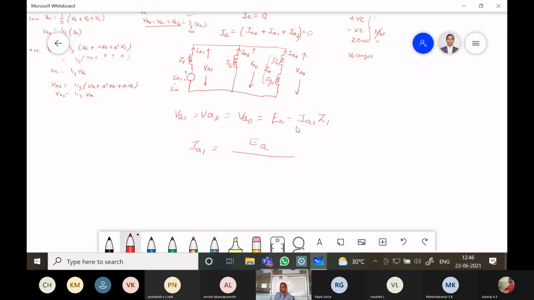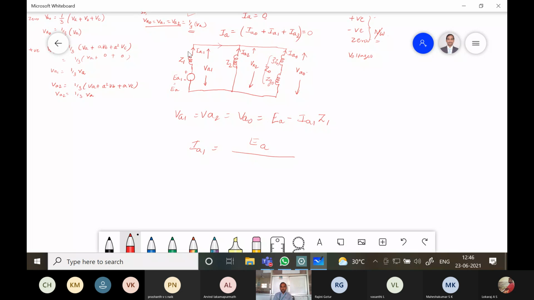So we can also write IA1 in terms of the total current for these two. Okay, so this current is flowing like this. The summation, IA1 is equal to IA2 plus IA0. So this is the main current, and these two are branch currents, sub-branch currents.